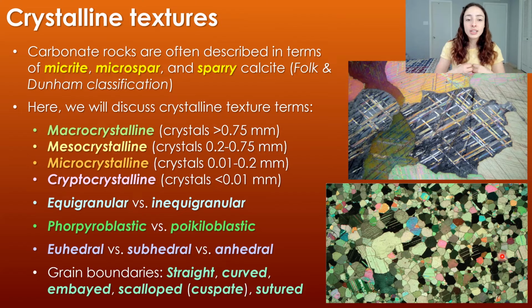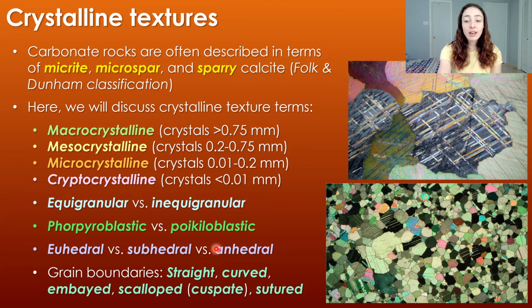Instead, the grains are chemically precipitating where they are, and whether they're unequigranular or equigranular has nothing to do with transport. But if they are unequigranular, we have a couple terms to describe the clasts that stand out from the rest when there are big clasts in a smaller matrix.